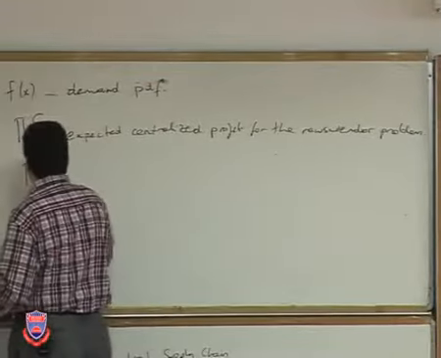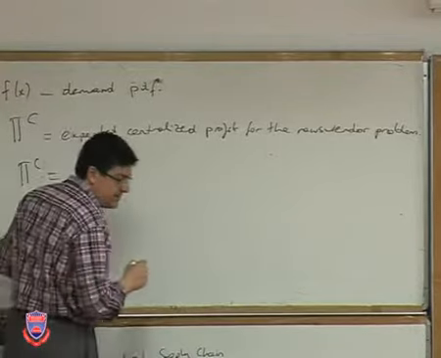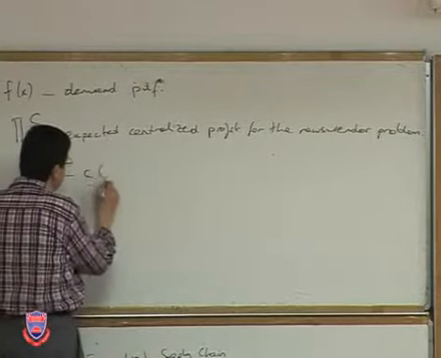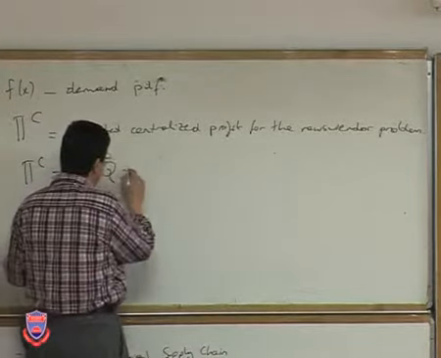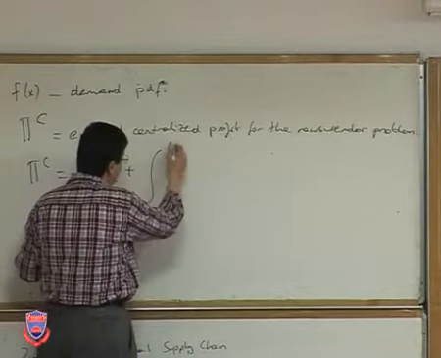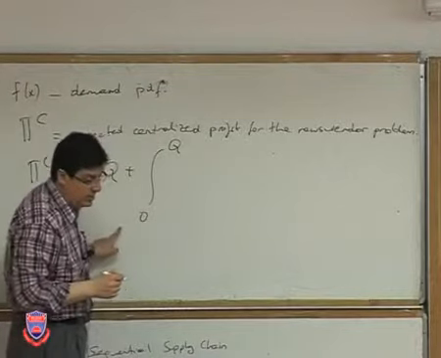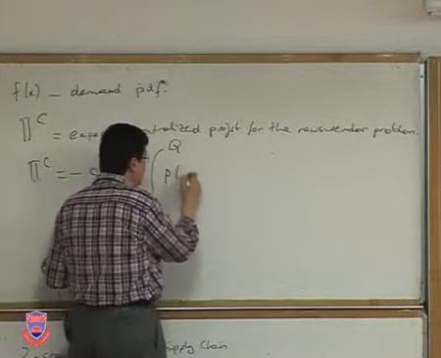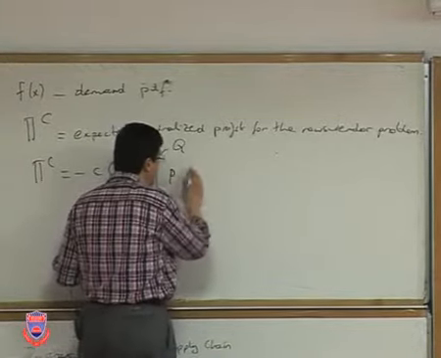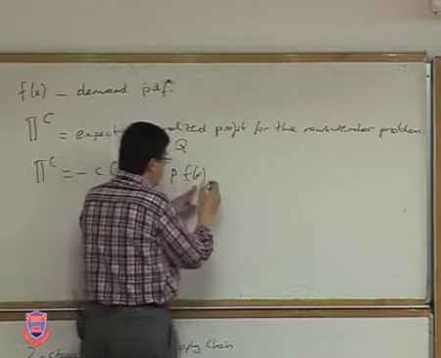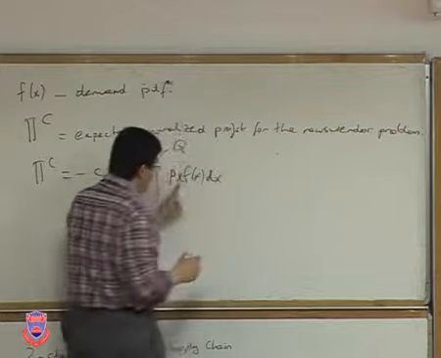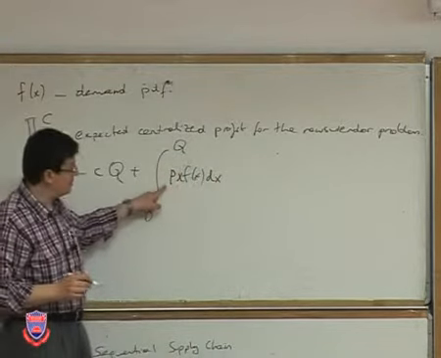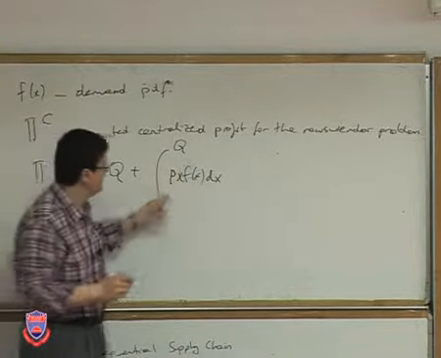So if I write pi of C, this is simply going to be minus C times Q. Then, if the demand is between 0 and Q, I'm going to sell and receive a revenue of P times x times f of x dx. For each x, I'm going to receive this revenue.